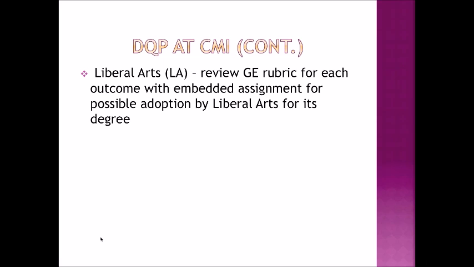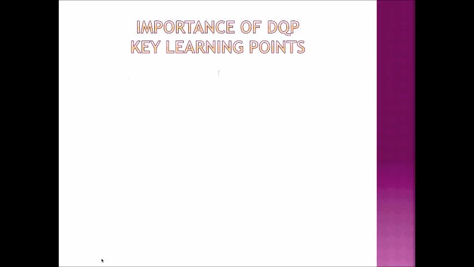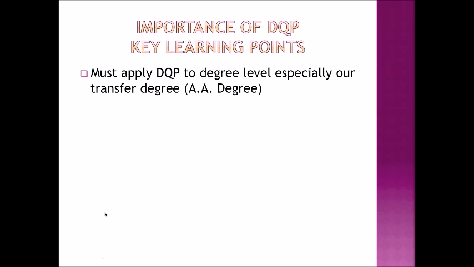So we then reviewed each of the general education rubrics for each of the outcomes with the embedded assignment for possible adoption by liberal arts for its degree. So the liberal arts department is the one who did this and determined if the rubrics were applicable for their degree. So from this process, what did we learn?